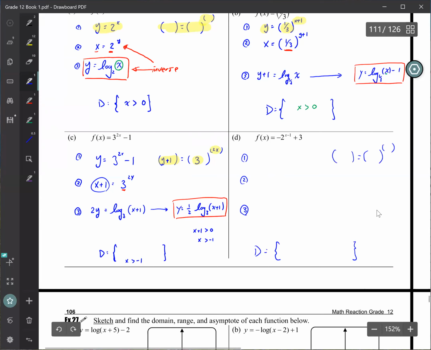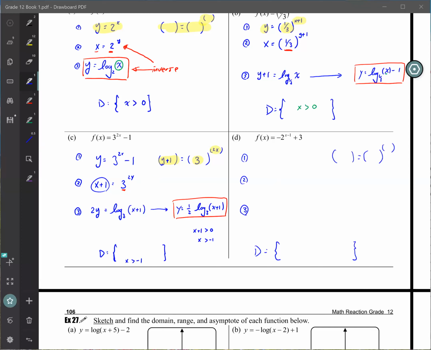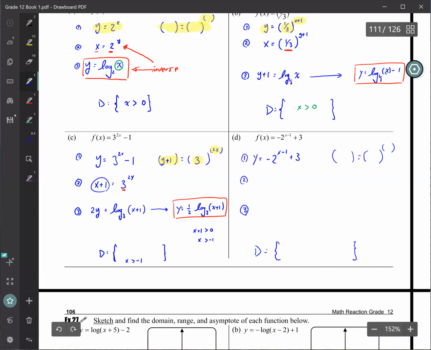Start by moving things that are movable to the y side first. I will do step 1 for you. Then you write that out first, fill in the things in the brackets, and then step 2, step 3. Same thing, please raise your hand, either you get the answer or you don't.